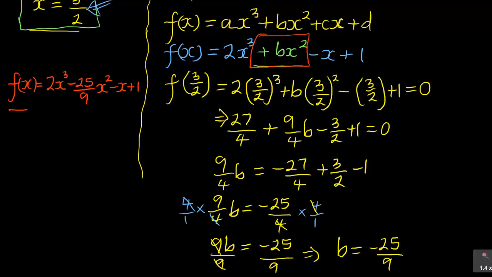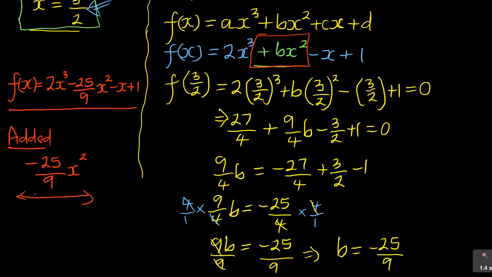So now the question was, what must be added to this 2x cubed minus x plus 1? So you can see that what we added in here was minus 25/9 x squared. So this is what needs to be added so that 3/2 will become a factor.